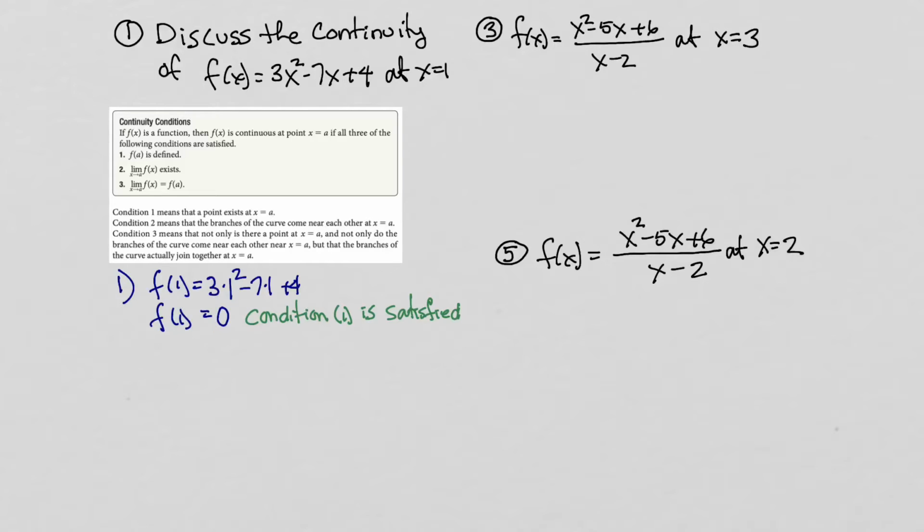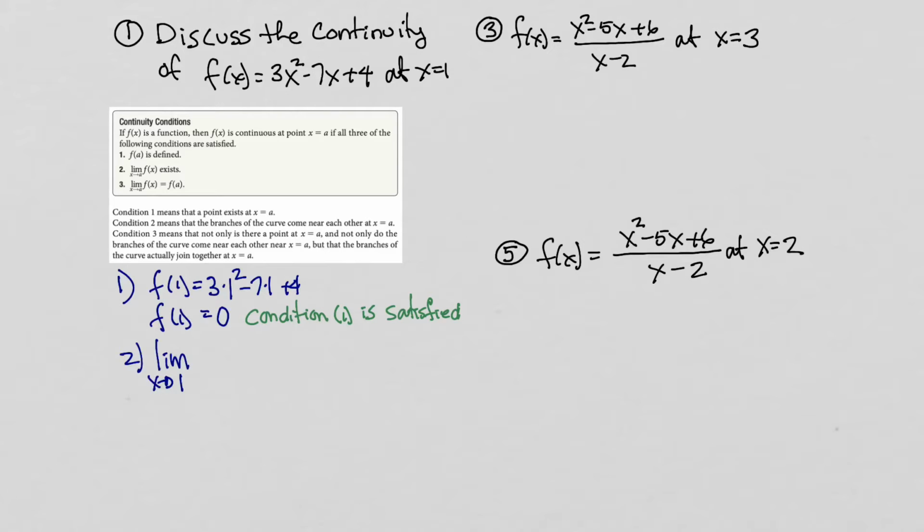Because f of a is defined, we'll say condition 1 is satisfied, and now we'll move on to condition 2 and see if it is satisfied. Condition 2 says the limit exists.